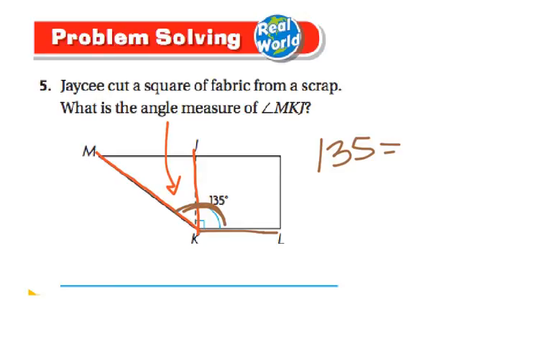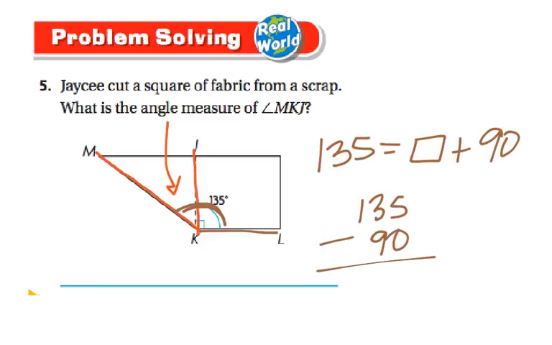So the angle I don't know plus the right angle of 90 degrees is going to give us 135. So what can I do, again, to solve this? I can subtract 135 minus 90. And what do I get? 45 degrees. So my mysterious angle measure is 45 degrees.